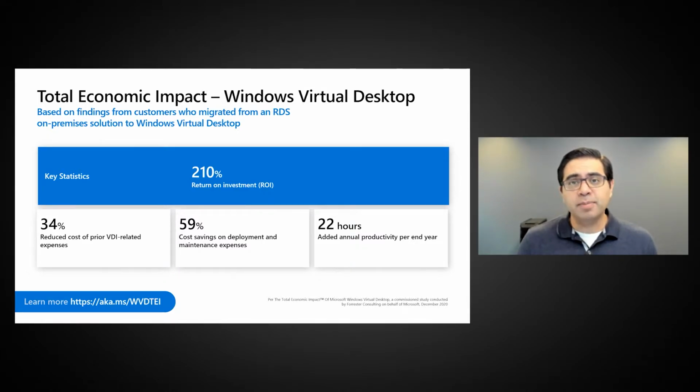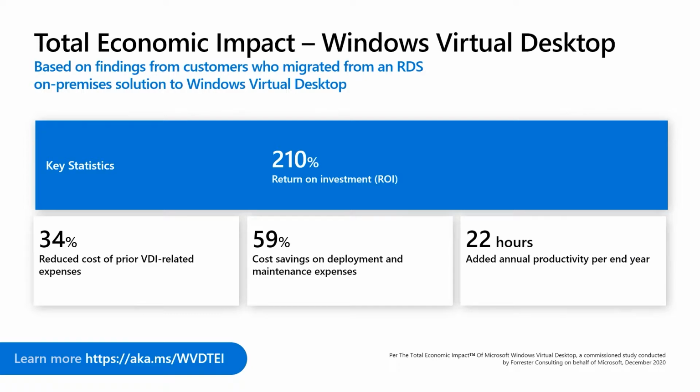There's a 34% cost savings just on licensing and infrastructure alone. And then when you look into things like managing the deployment and the overall cost of ownership and operations, there's a 59% cost savings there going from RDS to WVD. So some really great value for customers who've taken on the service.